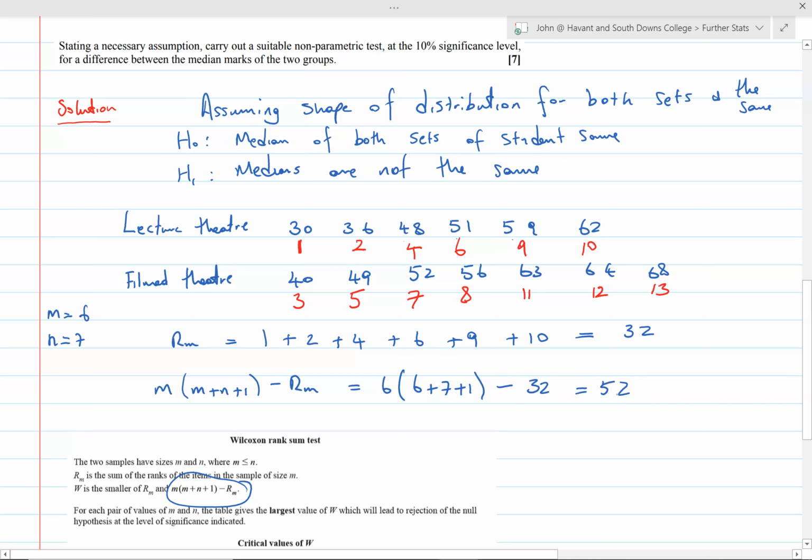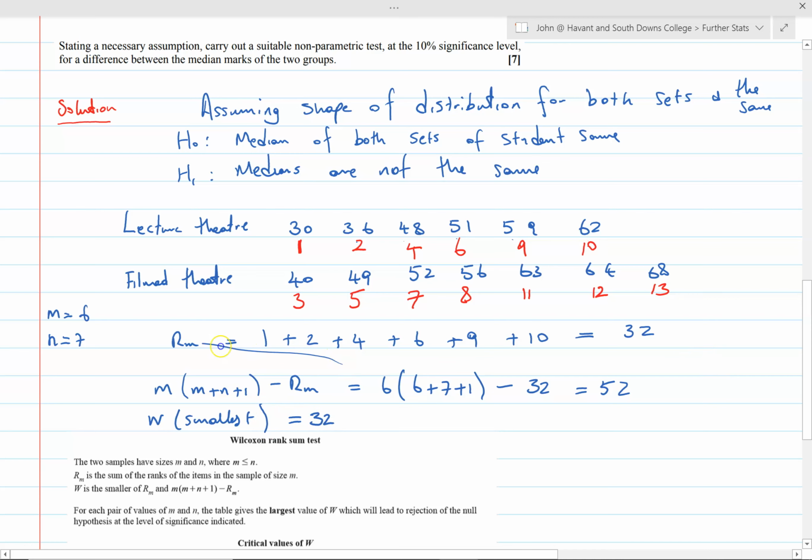And our test statistic W is the smallest of these two values, the smallest of 32 or 52, which is 32.